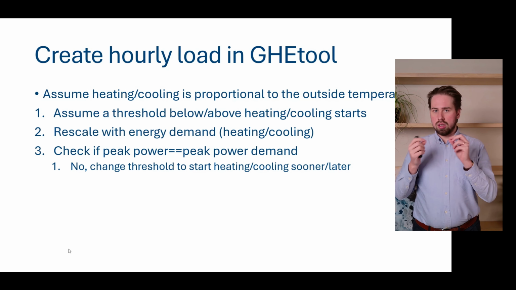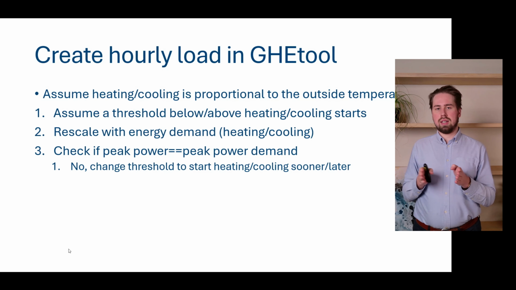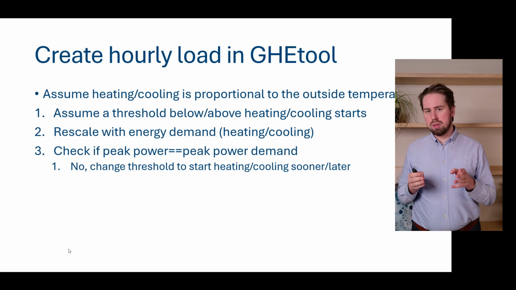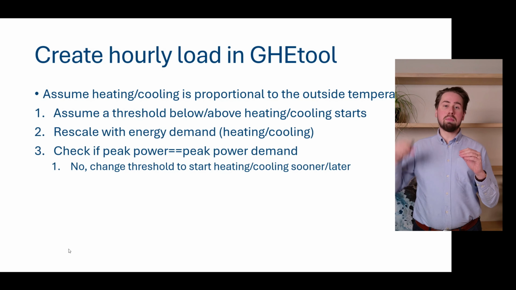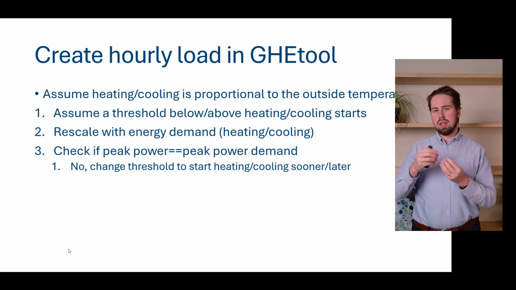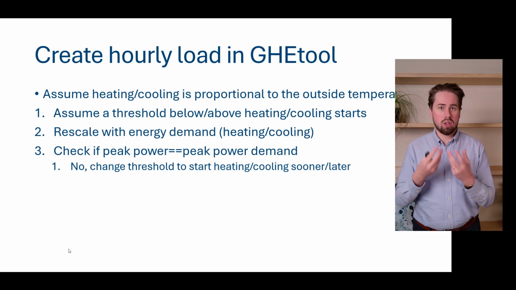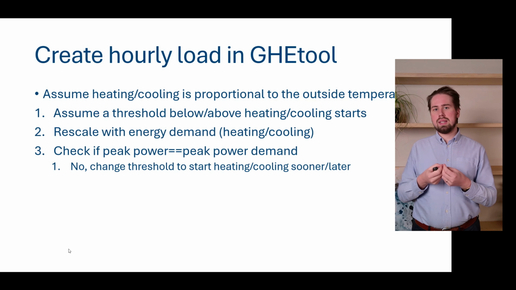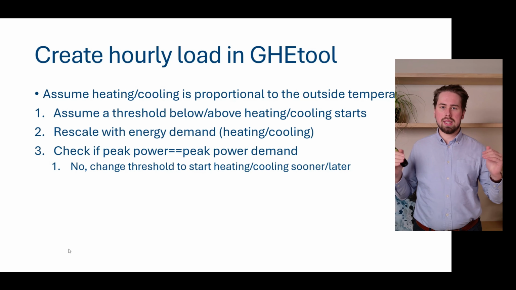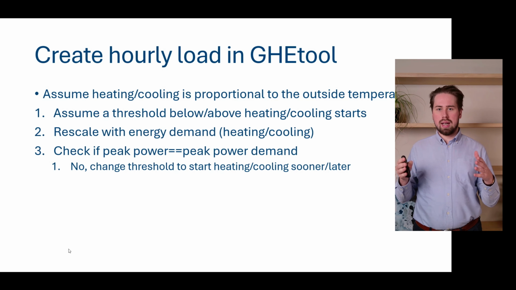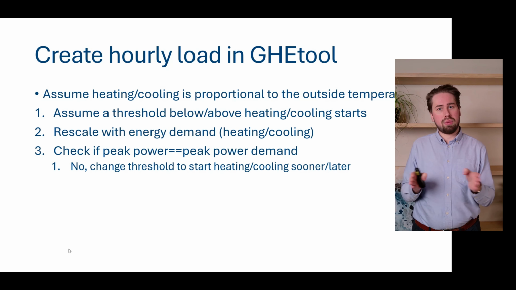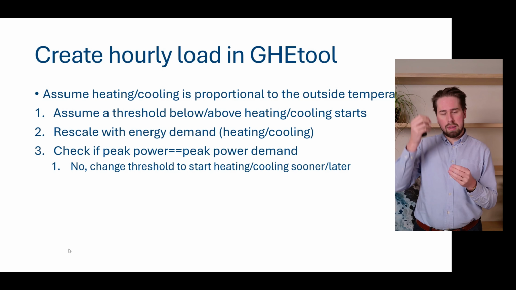Because if it's not, this means that our heating season started too early or too late. For example, if the peak power we calculated using the scaling with the energy is higher than your peak power, this means that our threshold was put in the wrong place, because our peak power is higher, meaning we had to get more energy in a shorter period of time, leading to higher peak powers.